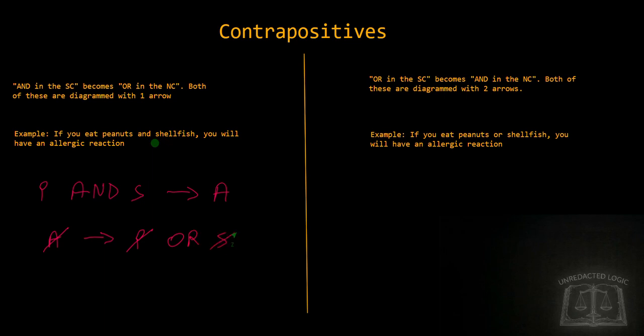Okay. And notice how, as we described, an and in the sufficient condition will become an or in the necessary, and both are diagrammed with one arrow. Okay. Or in the sufficient condition becomes and in the necessary, and both of these are diagrammed with two arrows. Here's an example of that. If you eat peanuts or shellfish, you will have an allergic reaction.